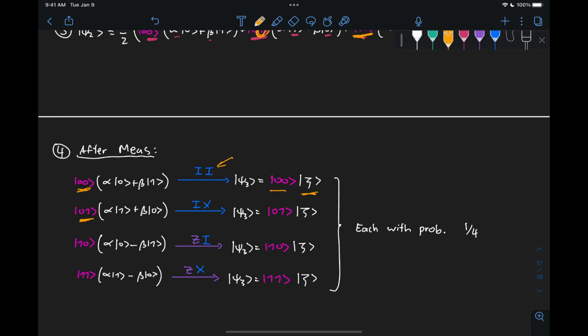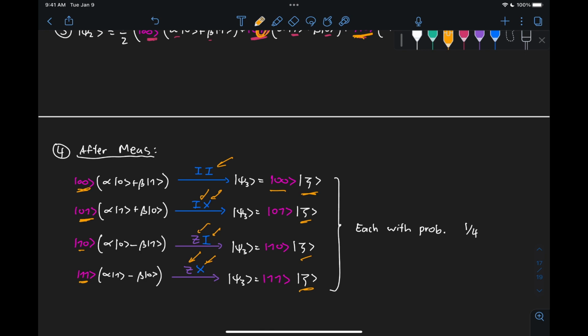If Alice measures 0, 1, she tells him to first apply an identity followed by an X gate. So then he gets zeta again. Then if she measures 1, 0, apply the Z gate, and then just an identity, right? Do nothing. And then if she measures 1, 1, then Bob needs to apply a Z gate followed by an X gate so that he can recover, in all cases, state zeta.